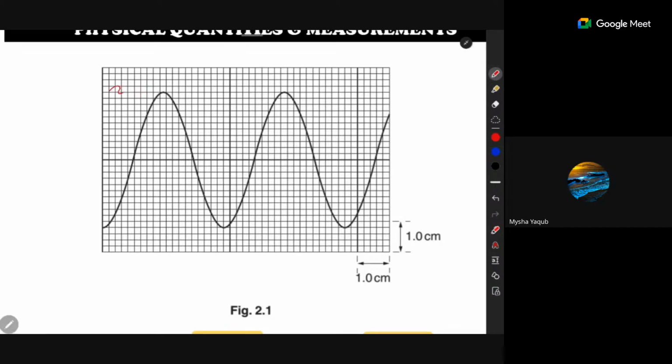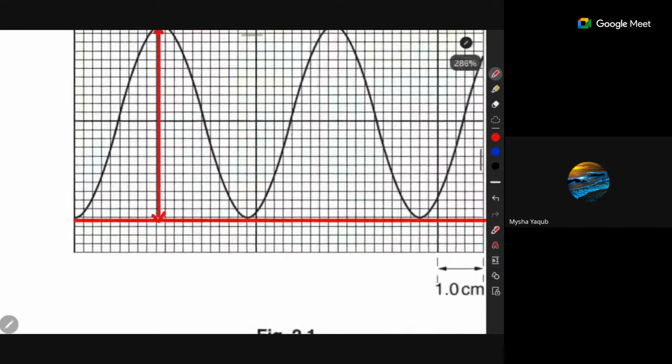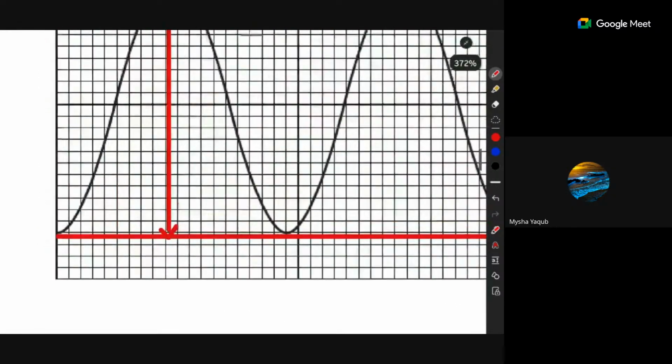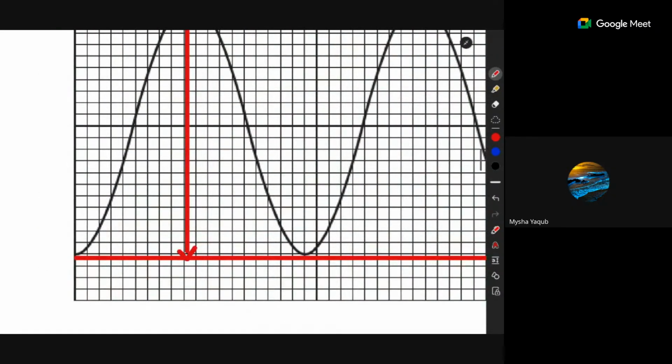I told you, just count the number of divisions between two peaks, right? That's it. And then use that concept. How many divisions are there? I mean, small squares. This is a little bit more complicated question, and it needs more accuracy.